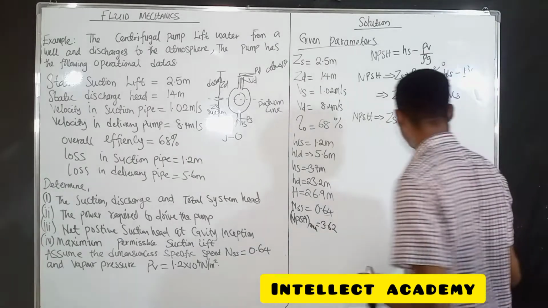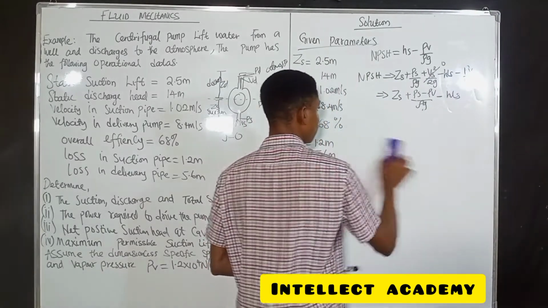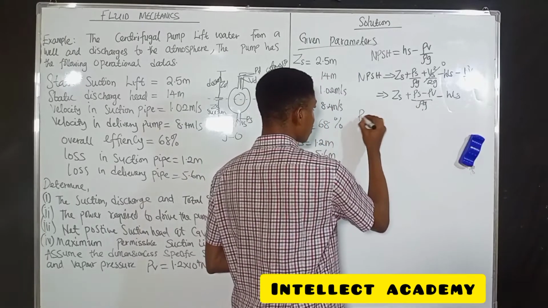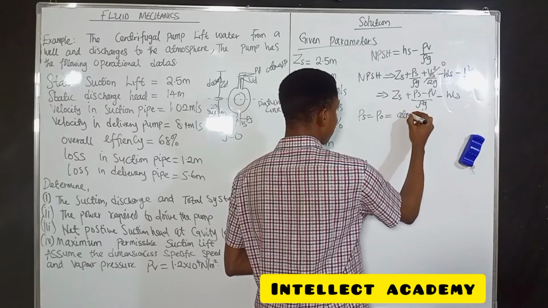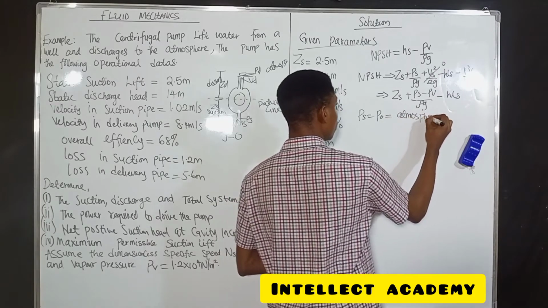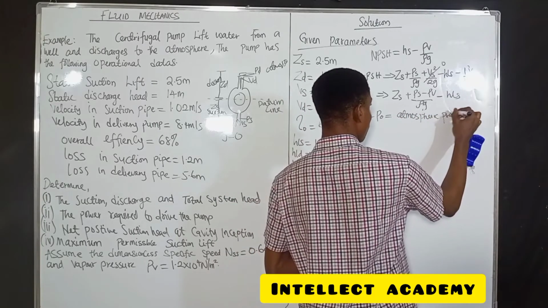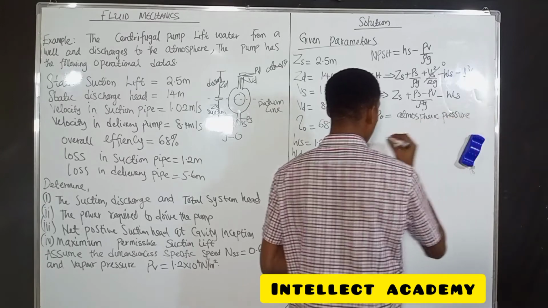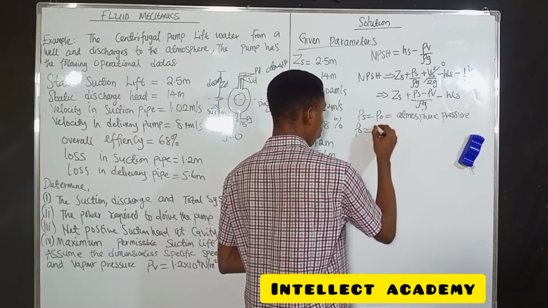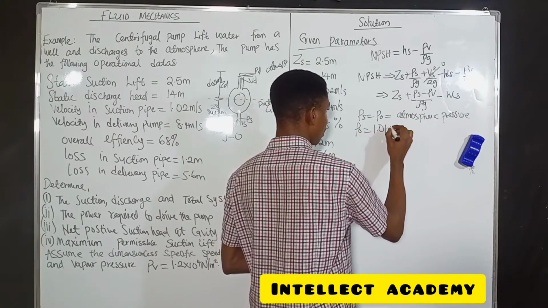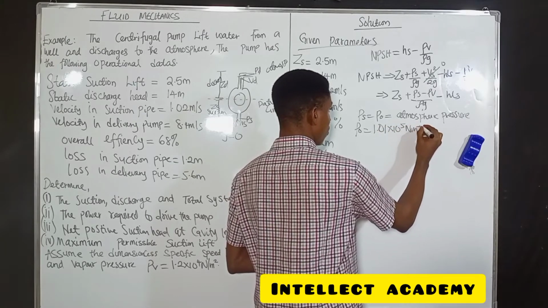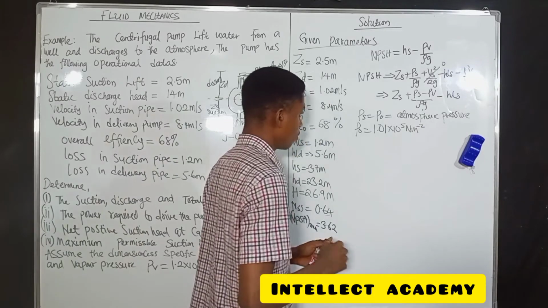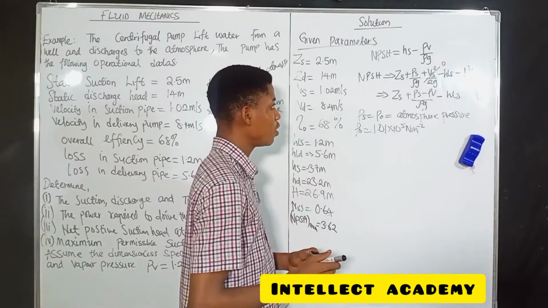So we are having a case like this where Px is equals to Po, which is equals to the atmospheric pressure. So this is the atmospheric pressure, which we know that it is given by 1.01 times 10 to the power 5 Newton per meter square. It is very important to take note of this.